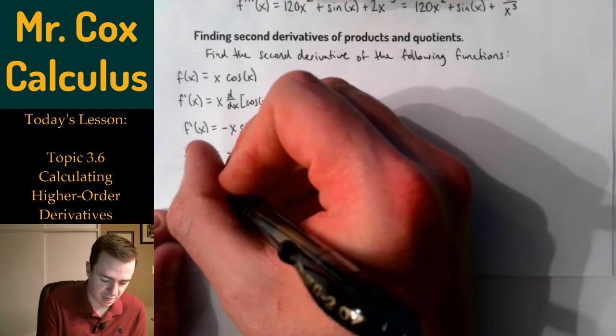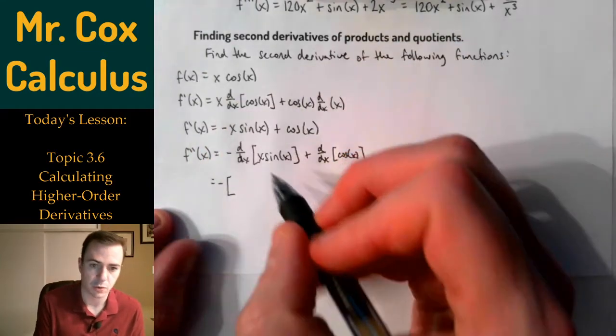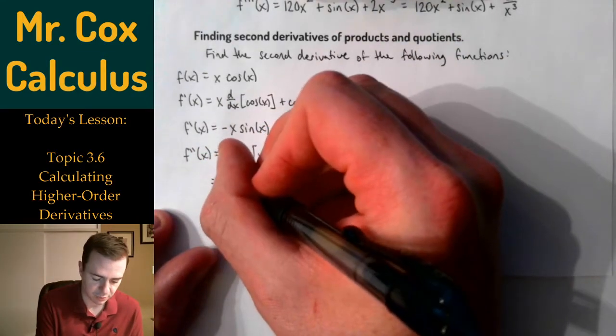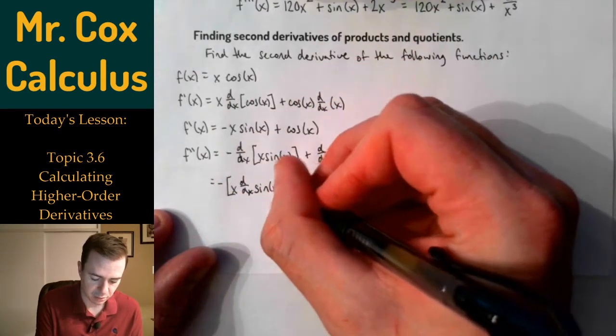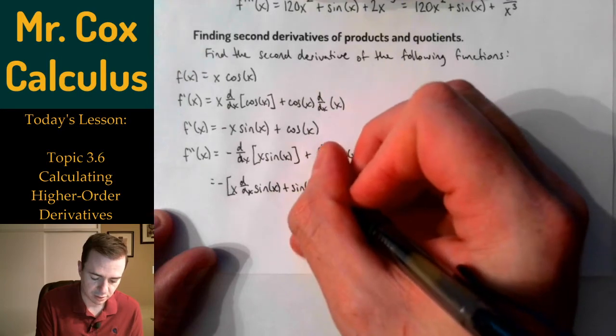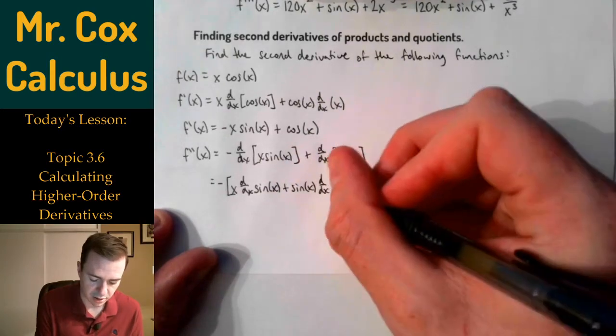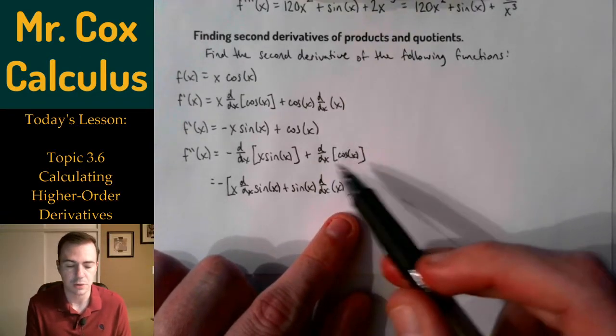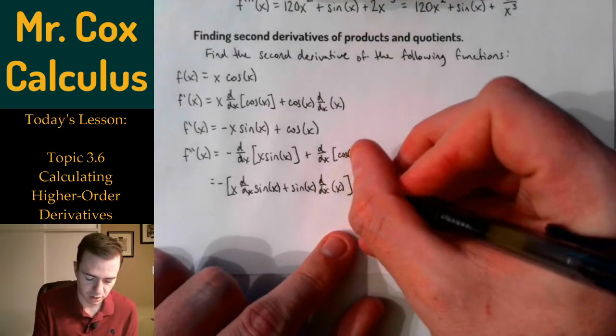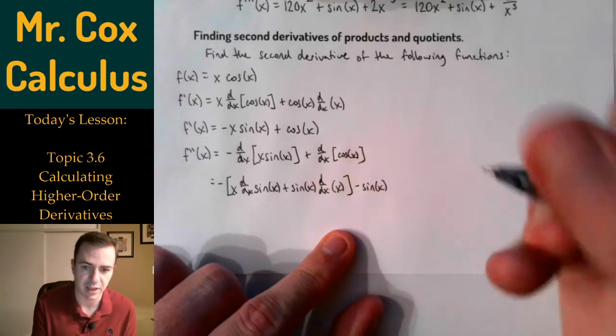So our product rule says x times the derivative of sine of x plus the sine of x times the derivative of x. So there's my execution of the product rule, and the derivative of cosine of x right here is minus sine of x.